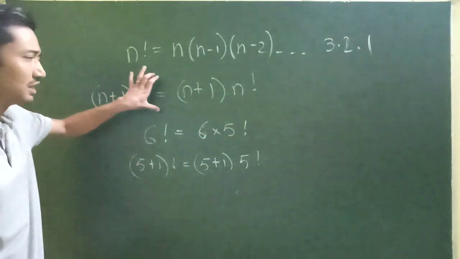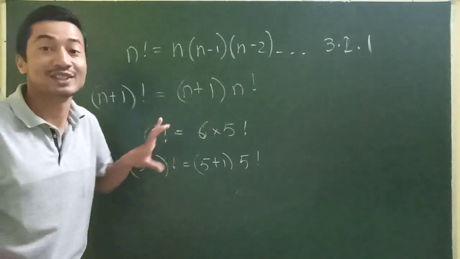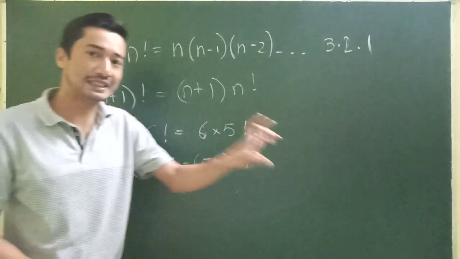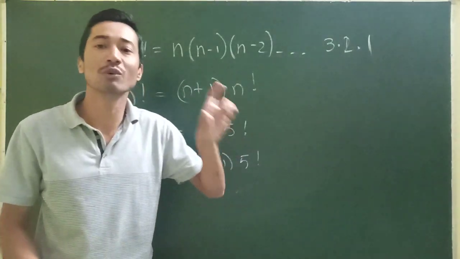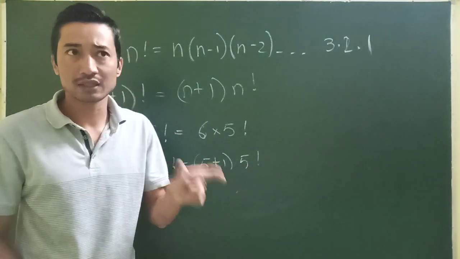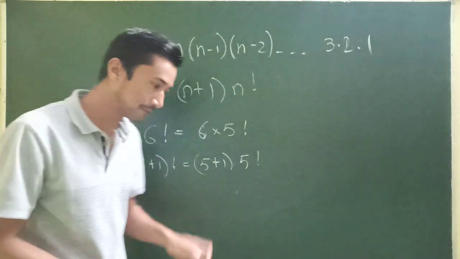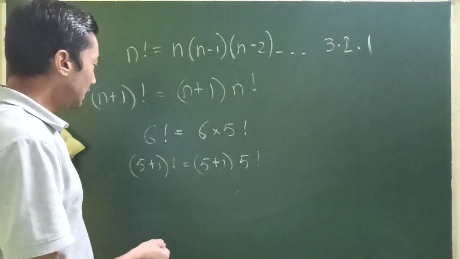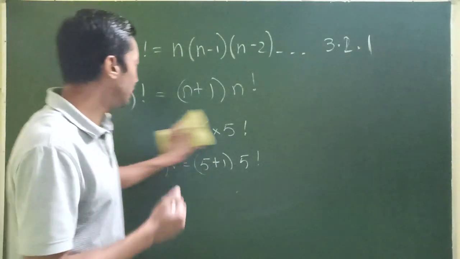Now this formula holds the key to explaining why 0 factorial is 1 and why negative factorials are not defined. Let's quickly get to the point.